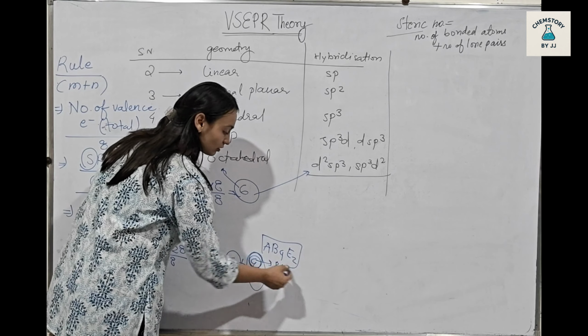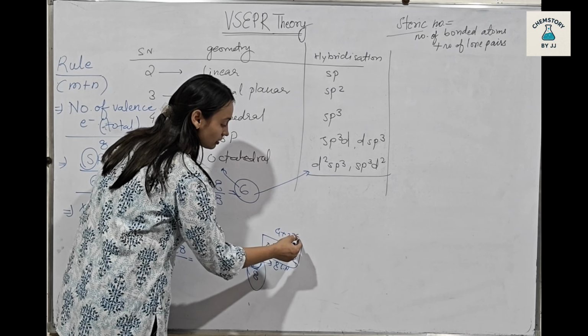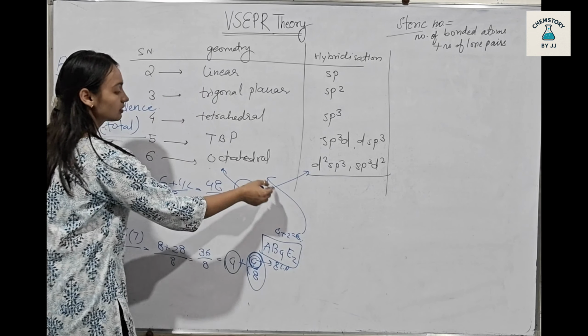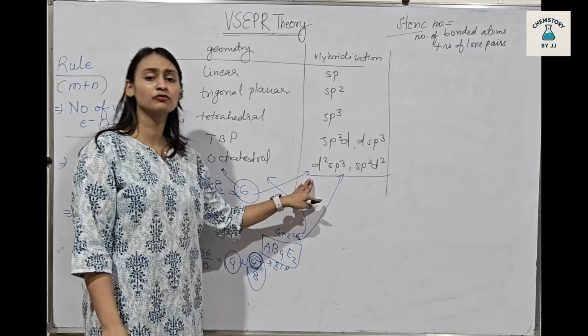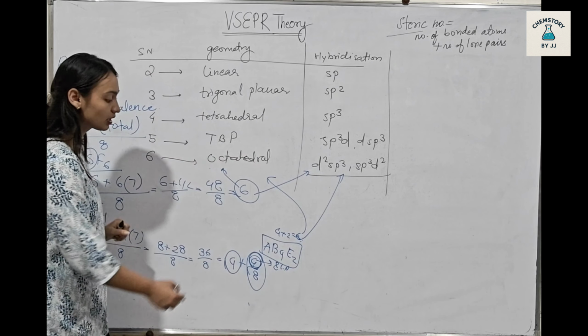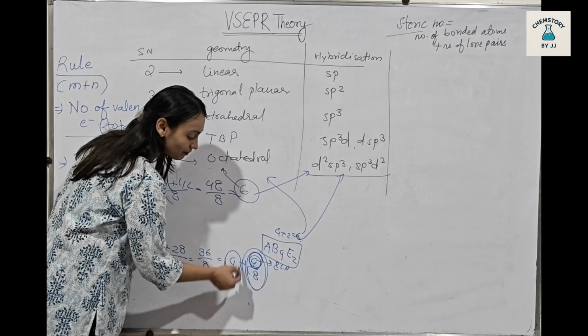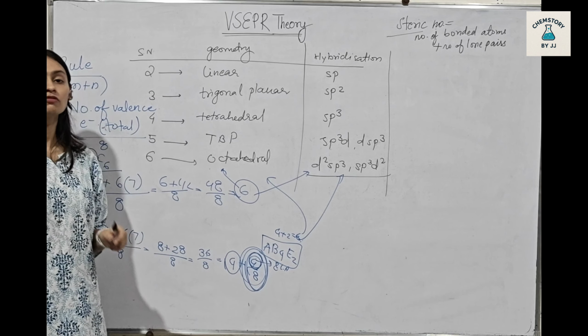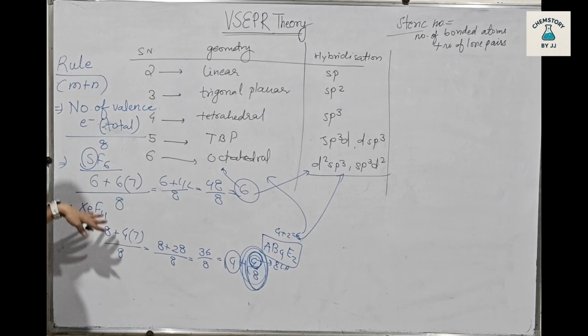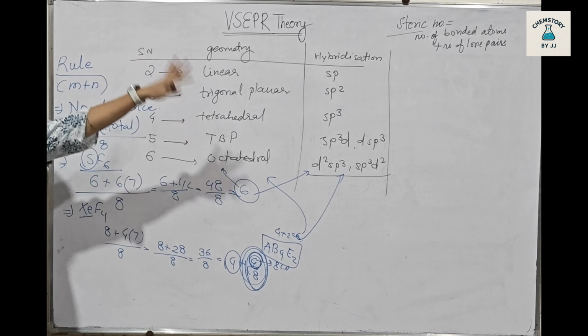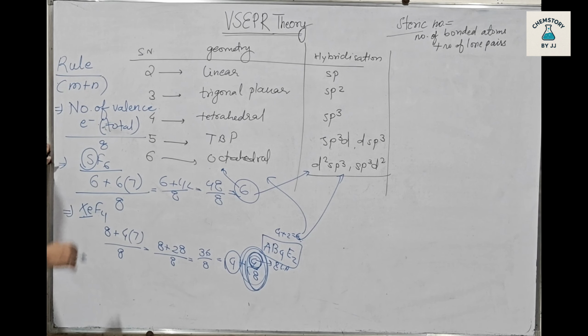And for AB4E2, it is 4 plus 2, octahedral geometry, and the hybridization would be similar, but we are going to find out how many lone pairs are also going to form, right? This is how we are going to calculate the geometry and hybridization for every molecule, right?